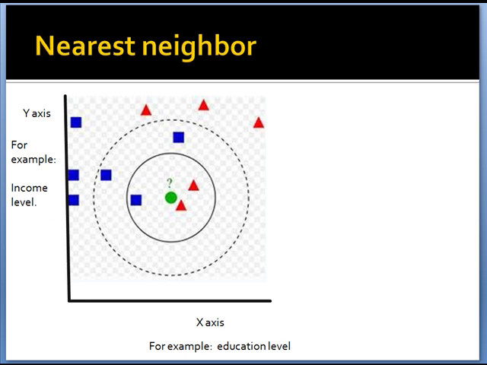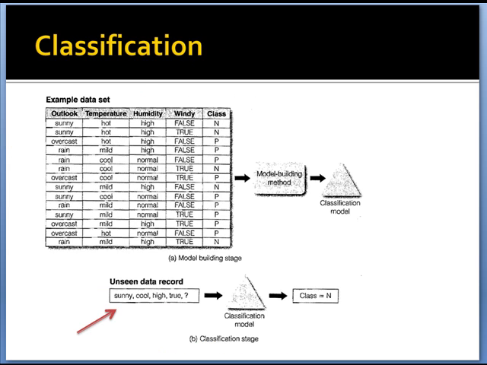Here's an example of what's called the nearest neighbor algorithm. You have an x-axis and a y-axis, and you have so-called training examples. Remember, we talked about the unseen data record, but first we have the training examples.